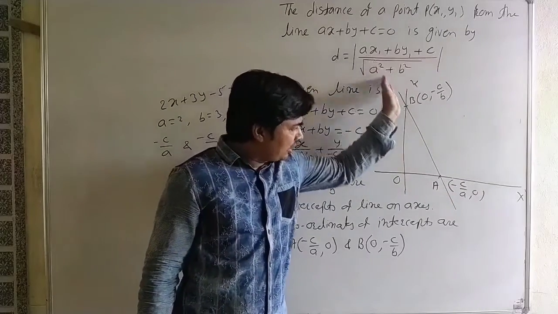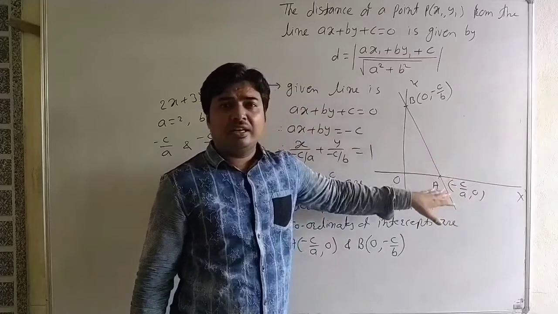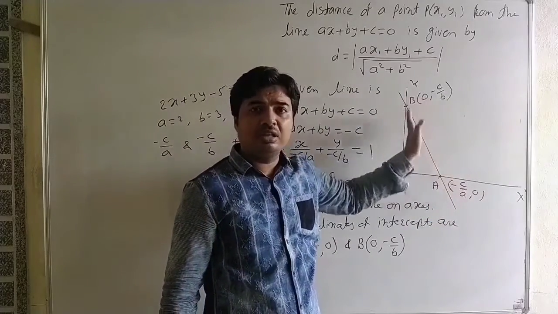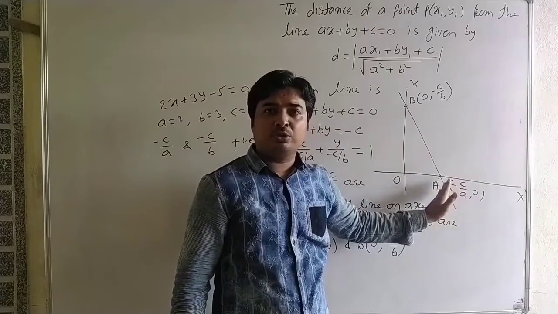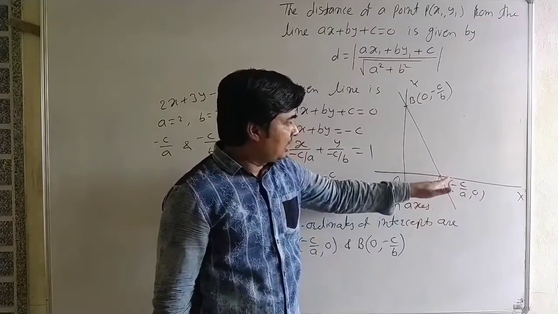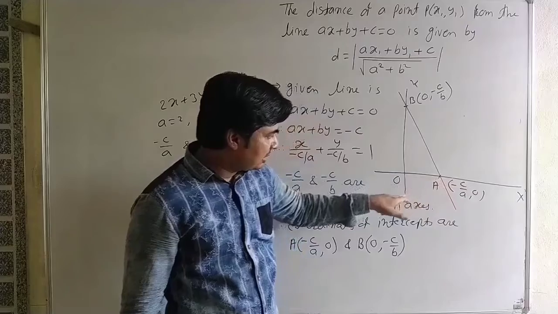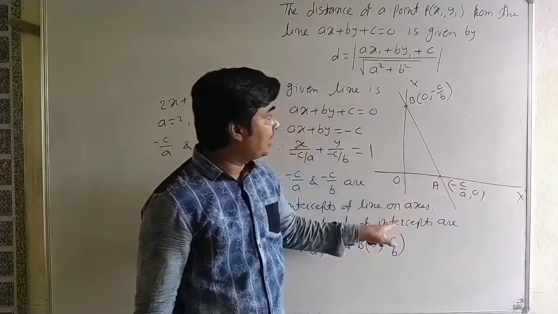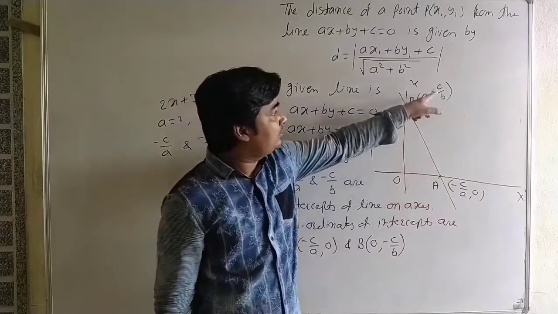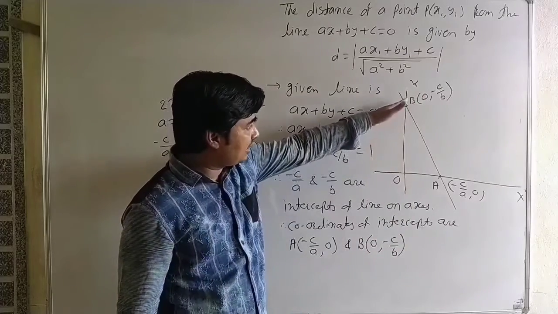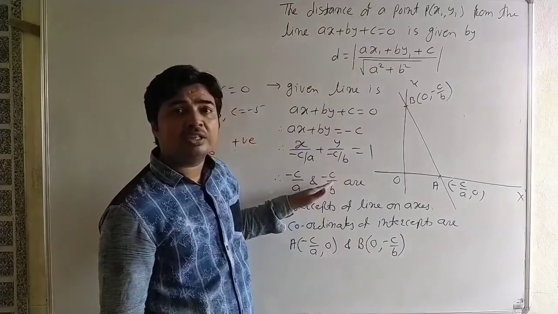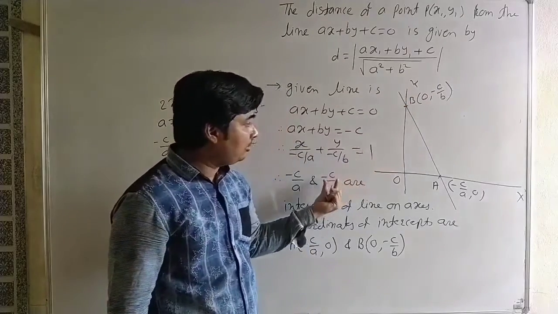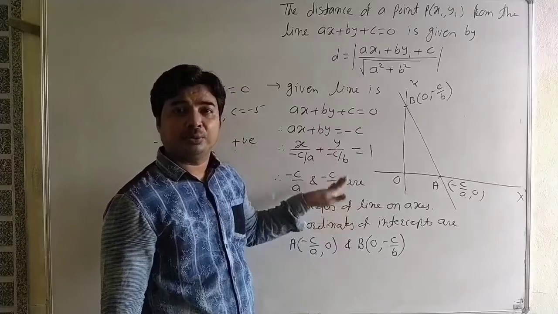Here we consider the line intersecting the x-axis and y-axis, now the positive x-axis and positive y-axis. If the line intersects the positive x-axis and negative y-axis, then minus c by a is positive and minus c by b is negative. If the line intersects the positive y-axis and negative x-axis, then the value of minus c by b is positive, but the value of minus c by a is negative.